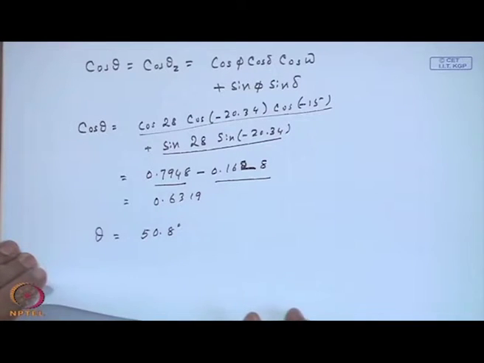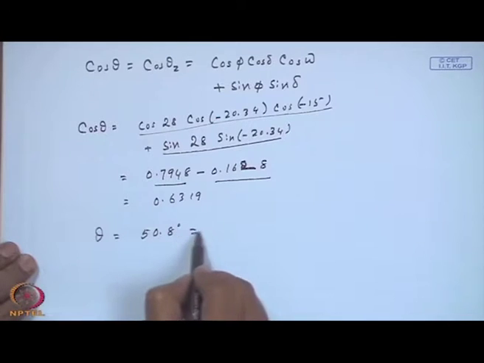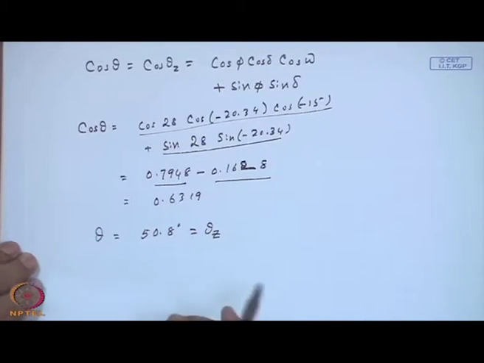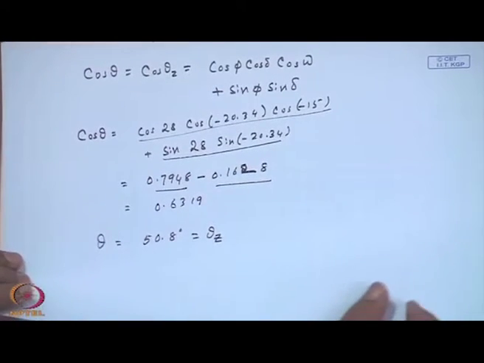In this case, beta is 0, and I have cos phi cos delta cos omega plus sin phi sin delta as the cosine of the angle of incidence for the horizontal surface, and theta is, of course, by notation, theta z, also 50.8 degrees.